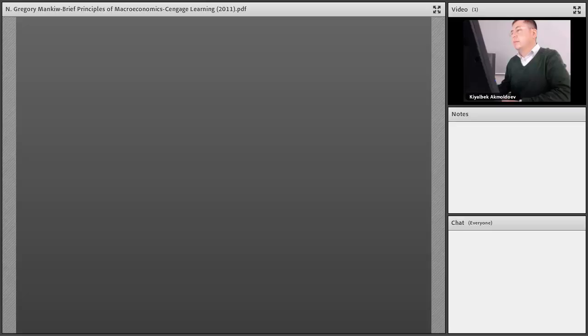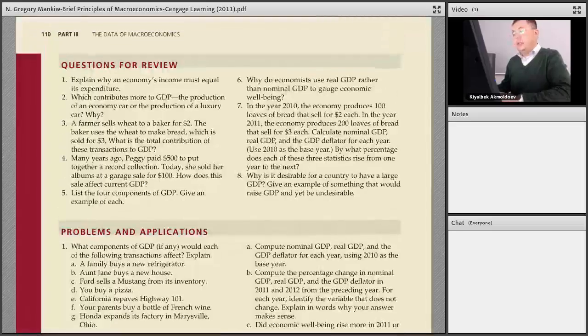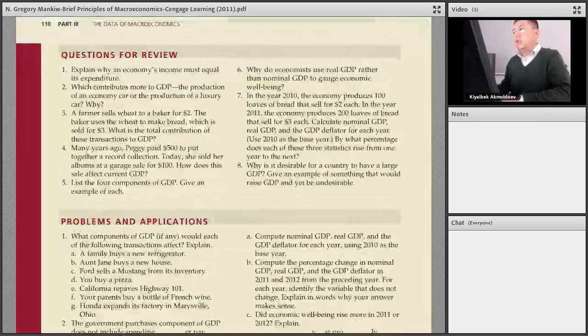So we have some questions in here. Let's solve them. Explain why an economy's income must equal its expenditure.